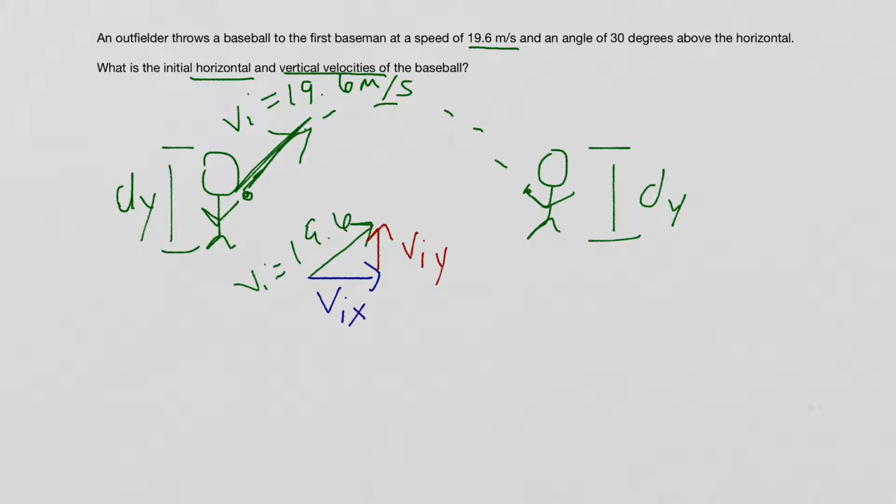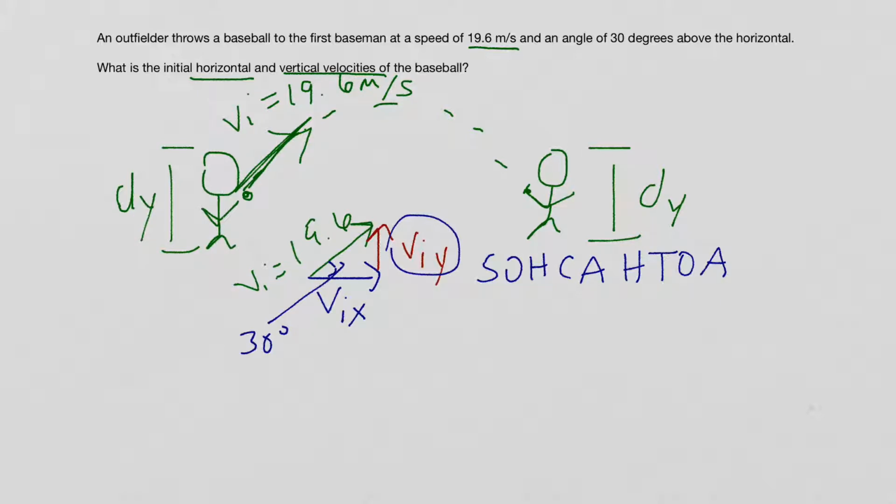So to find VIY, this right here is our angle and it is 30 degrees. So we're going to be doing our friend SOHCAHTOA. We have the triangle and we're looking for VIY, so we need something that's opposite over the hypotenuse.